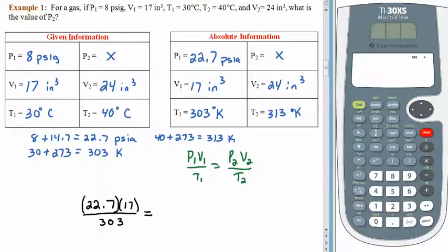That's supposed to equal P2, which we don't know, multiplied by V2, which is 24, divided by T2, which is 313. Okay, so now that we've got all the information from the table into our equation, I need to scroll up and get a little more room here.